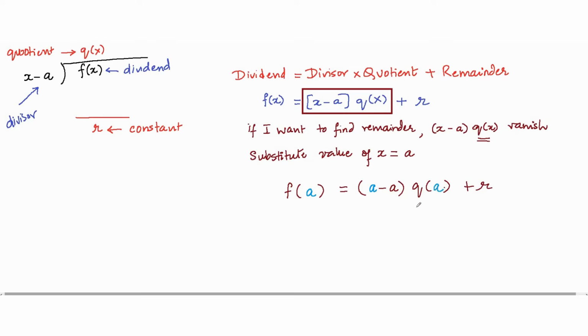Now if you notice, let's see what happens. The left hand side is f of a and the right hand side is a minus a is 0. So this is 0 multiplied by q of a plus r. Now 0 multiplied by the quotient becomes 0, which means f of a is equal to r.